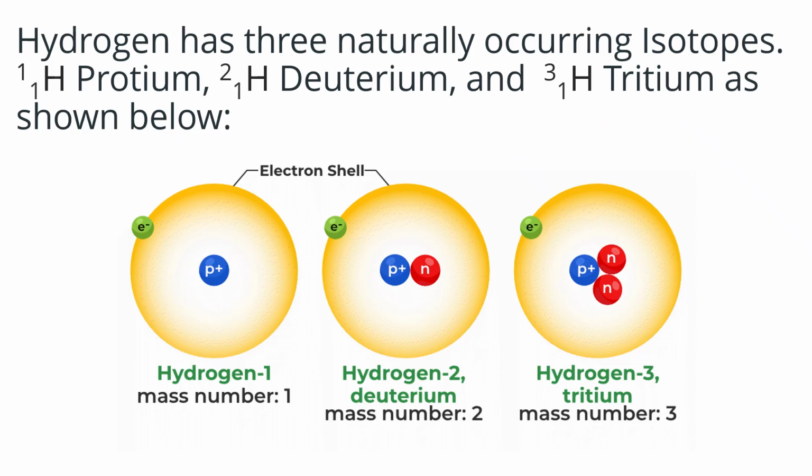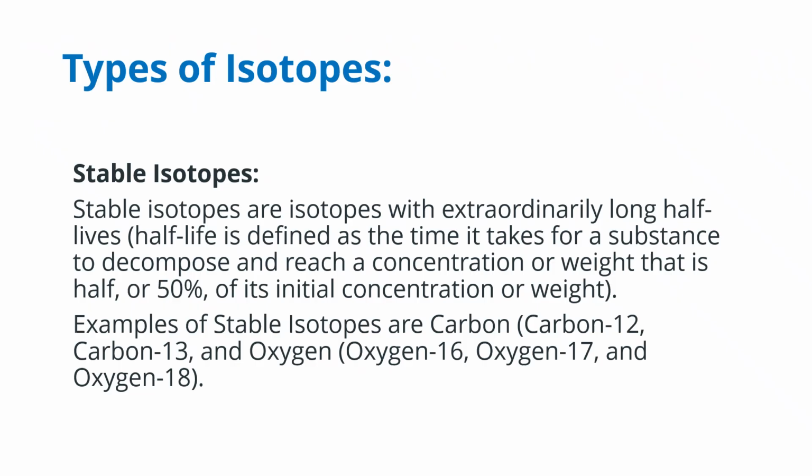Hydrogen has 3 naturally occurring isotopes: protium, deuterium, and tritium. Each of them has 1 proton, but the numbers of neutrons are different, hence the different isotopes. Stable isotopes are isotopes with a long half-life.